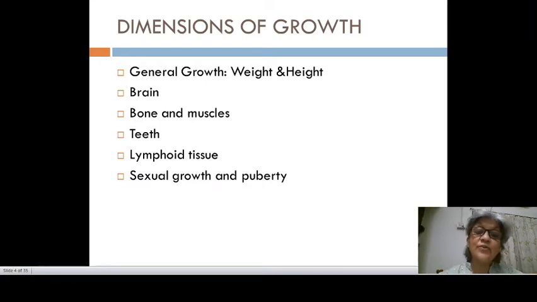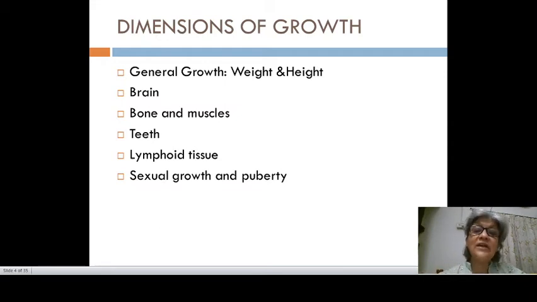So general growth, that is growth in size, is measured by weight and height. There is also growth of different systems, like the brain. The brain grows in size right from conception till adult age. Bones and muscles grow, lymphoid tissue grows, and sexual growth also occurs. And the rate of growth of all of these are not the same. They do not go at the same rate.